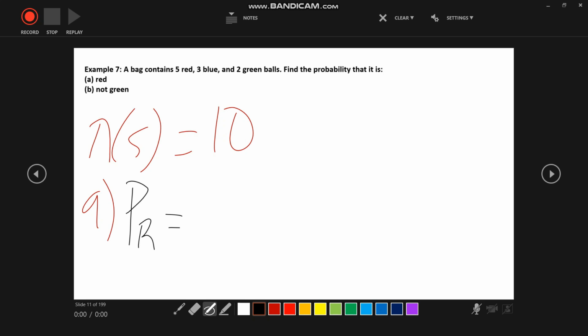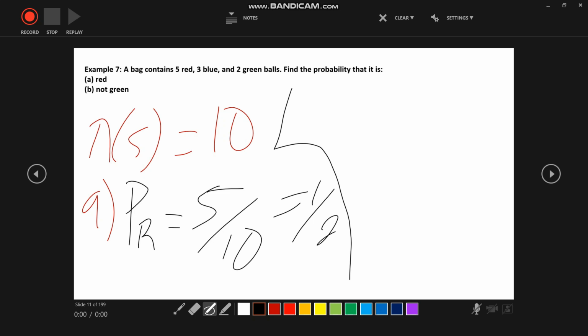Since we want to look for the probability of finding a red ball, our favorable outcome will be 5. So the probability that the ball selected is a red ball will be 5 over 10, and this will be 1 over 2.